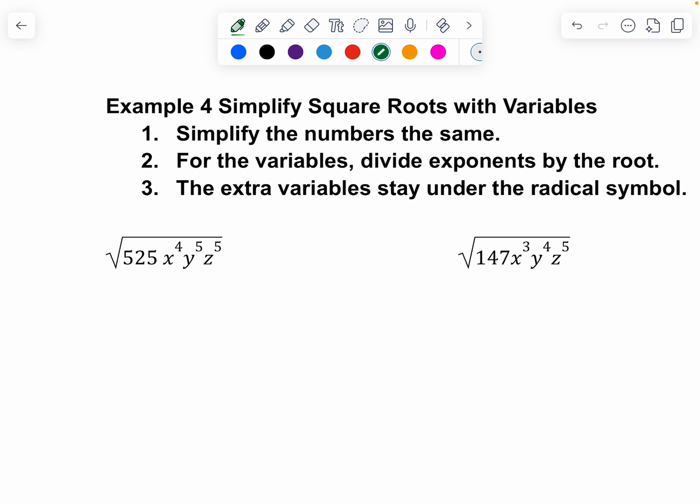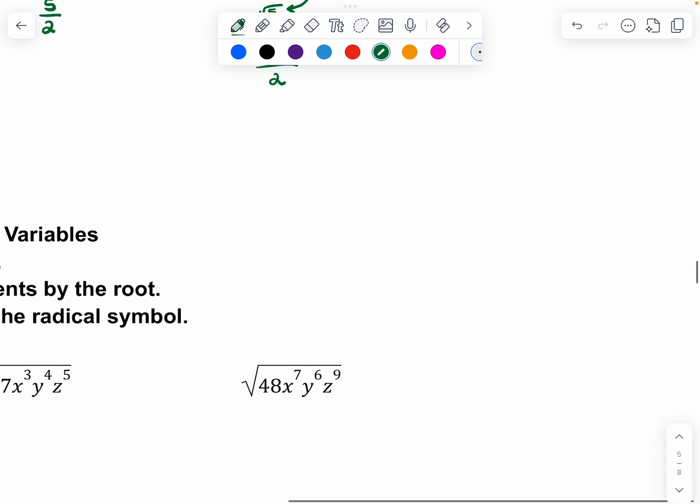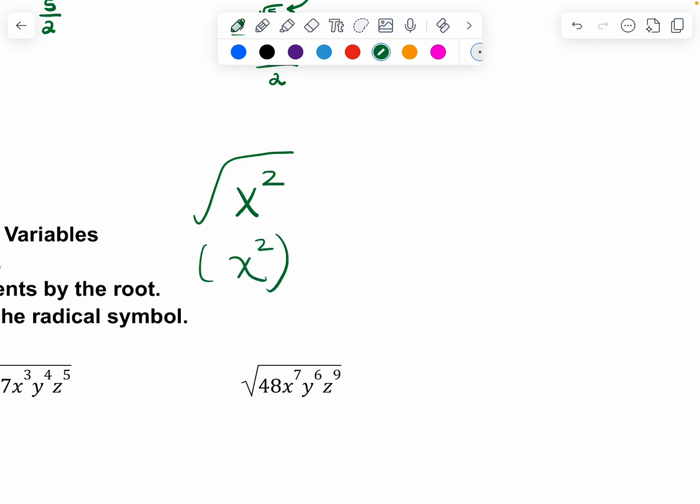Now, this time we have variables involved. The numbers, we deal with them exactly the same. I'm going to come over here. If I have x squared, and I'm taking the square root of that, remember, square root is the same thing as taking the 1/2. So half of 2 is 1.